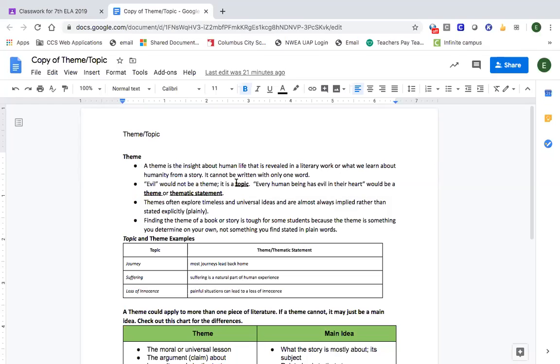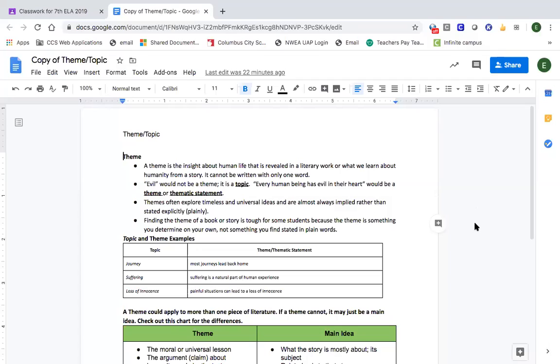So evil is a topic, but every human being has evil in their heart would be a theme. Or you could also say thematic statement. As you probably remember, they explore timeless universal ideas and they're usually implied, they're not stated directly.